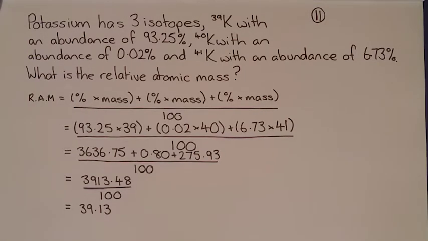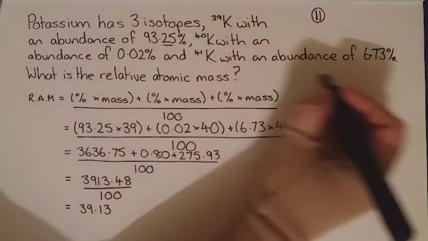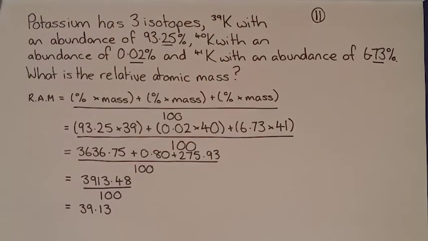Finally, we need to think about how many decimal places we're going to quote the answer to. Now, if you look at the question, all of the percentages that we are given are to 2 decimal places. Therefore, you round to 2 decimal places, which is why when I divided by 100, I haven't included the 48 on the end of here.